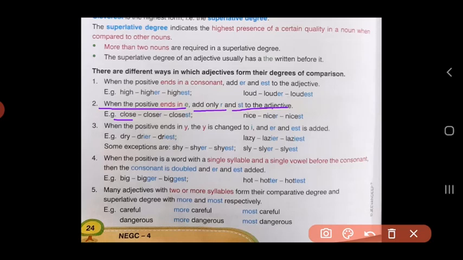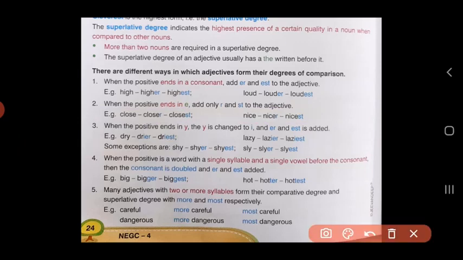Close ends with E. Comparative of close will be made by adding R, closer. And superlative of close will be made by adding ST, closest. In the same way, nice ends in E. So nicer will be comparative, nicest will be superlative.